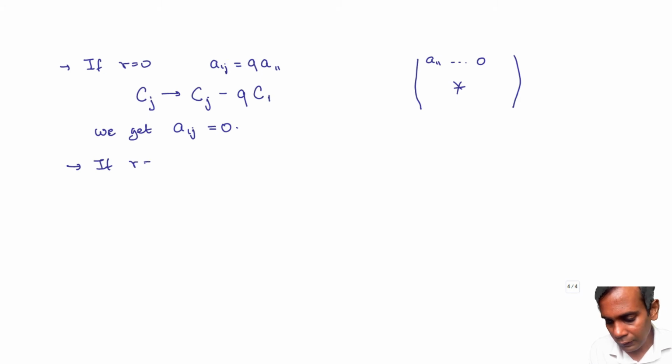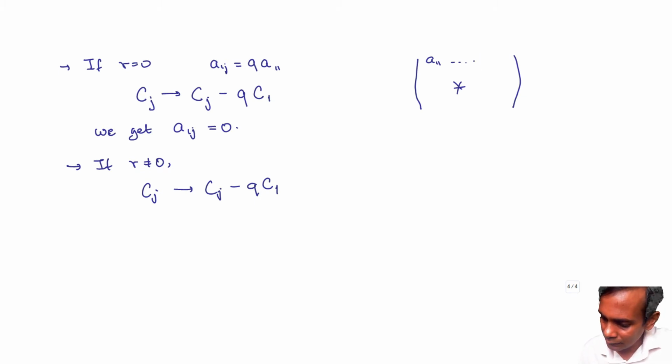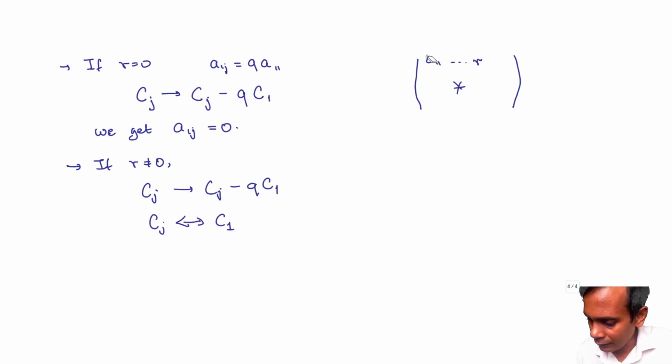If R is not 0, then you still do the same operation. You do Cj goes to Cj minus QC1. And now, instead of 0, you get R here. And then what you do is you interchange the jth column and the first column. So now what happens is that this R comes over here and the A11 comes over here.